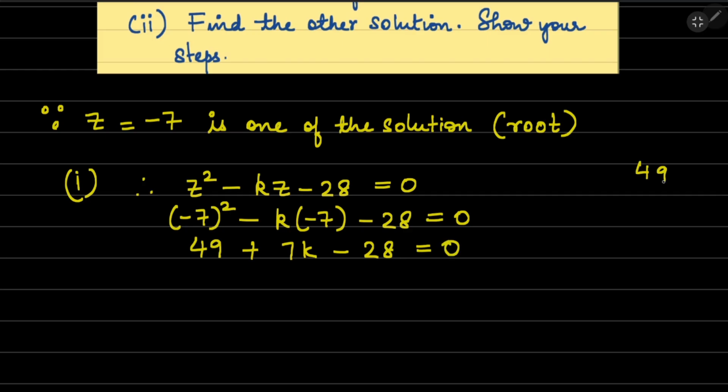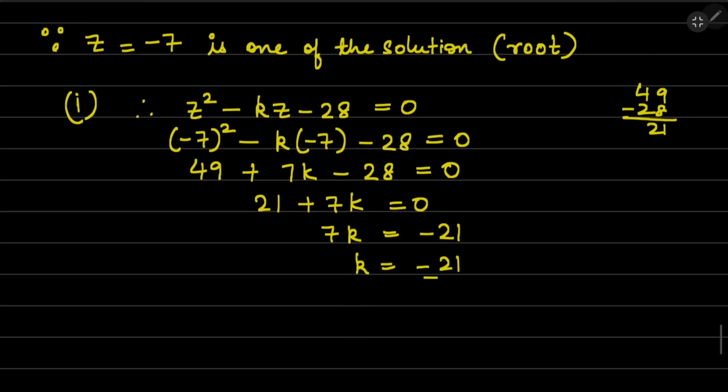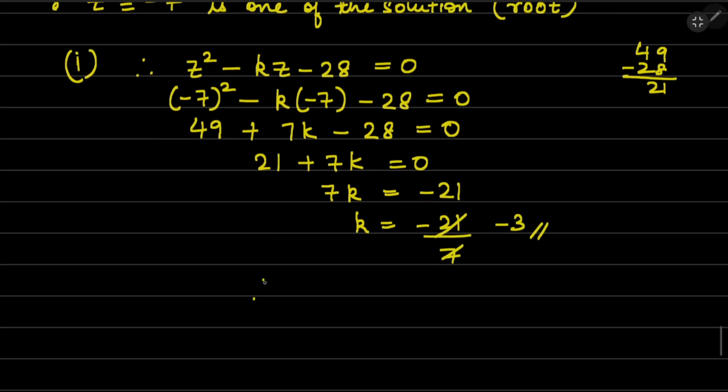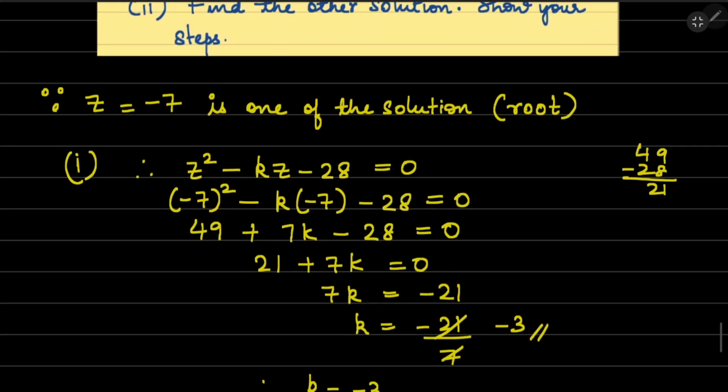What is 49 minus 28? It is 21. So 21 plus 7k equal to 0, which means 7k equal to minus 21, which means k is nothing but minus 21 by 7, that is minus 3. So what is the value of k? Therefore, k value is minus 3.